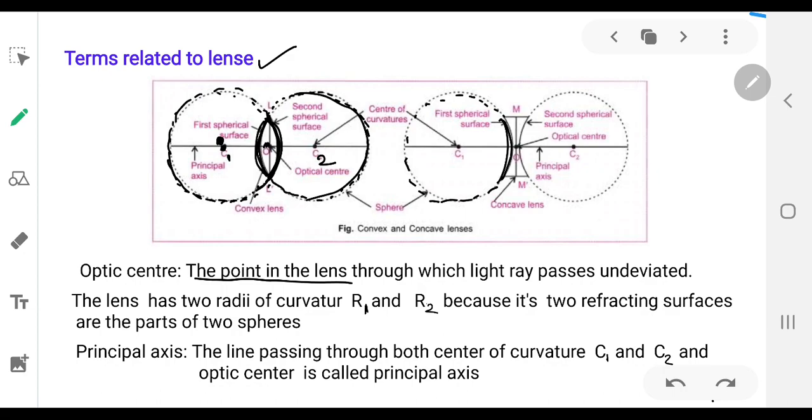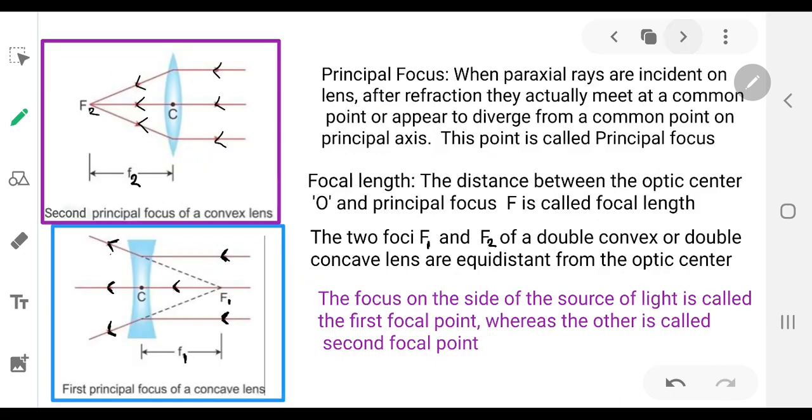Now, another term related to the lens is principal focus. You all have come across this word principal focus while studying the mirror. How do you define the principal focus in case of a mirror? When rays parallel to the principal axis are incident on a mirror, they reflect and meet at a common point.